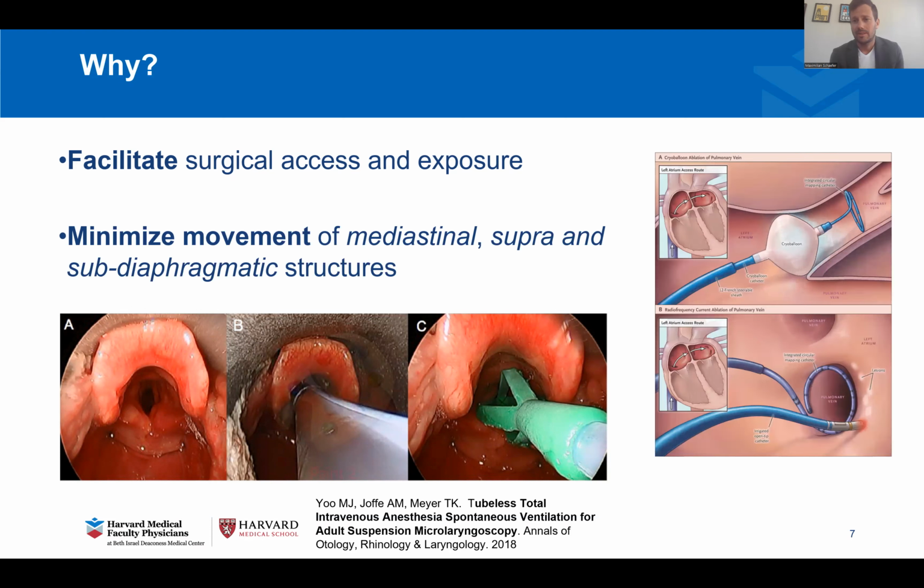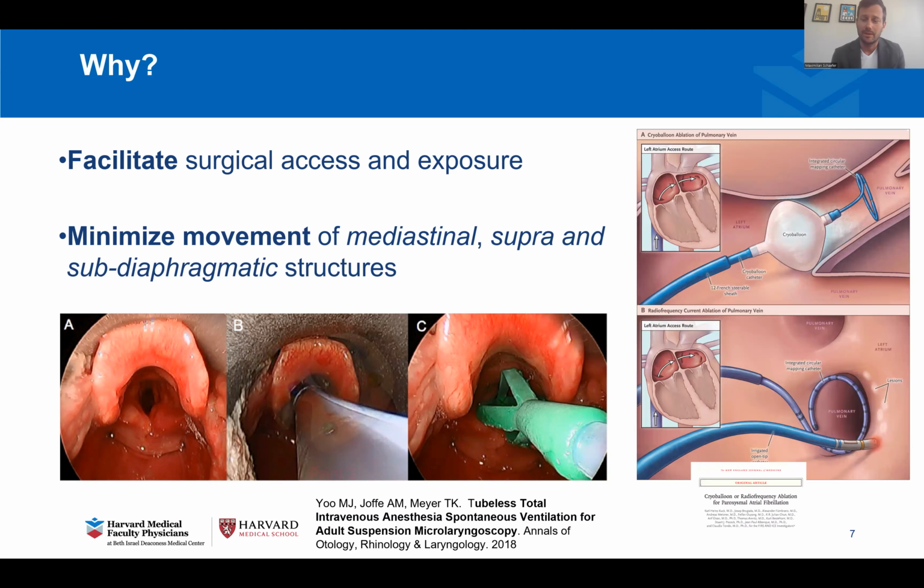Another very important aspect is that you can also minimize movement of any structures that are in the mediastinum or above or even below the diaphragm. And that's become one of the most important considerations when we use it these days, especially in our electrophysiological department. And I will actually detail on this a little bit later. That's important for our arrhythmia ablations.